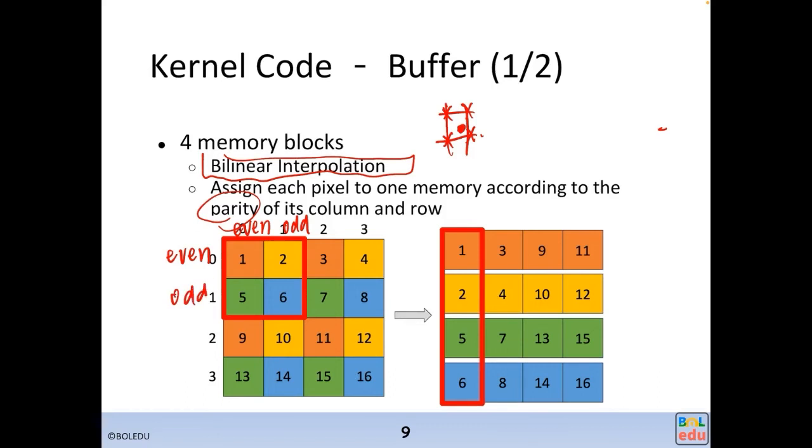So we put the same parity in the same buffer, in the same memory blocks. So if we need to get these 4 values, we only need to take the same column of these 4 memory blocks.